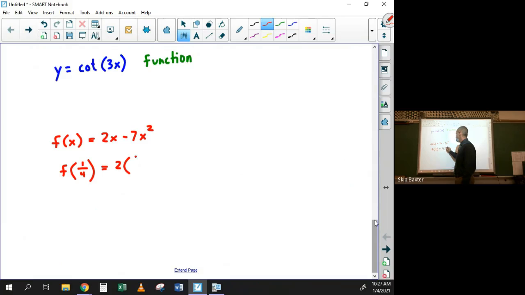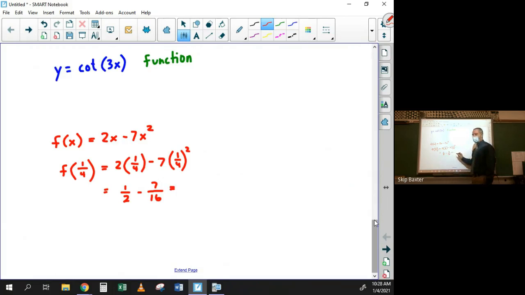This would be 2 times 1/4 minus 7 times 1/4 squared. So this ends up being 1/2 minus 7/16, which is 8/16 minus 7/16. The answer would be 1/16. So it wasn't that bad, even though there are fractions.